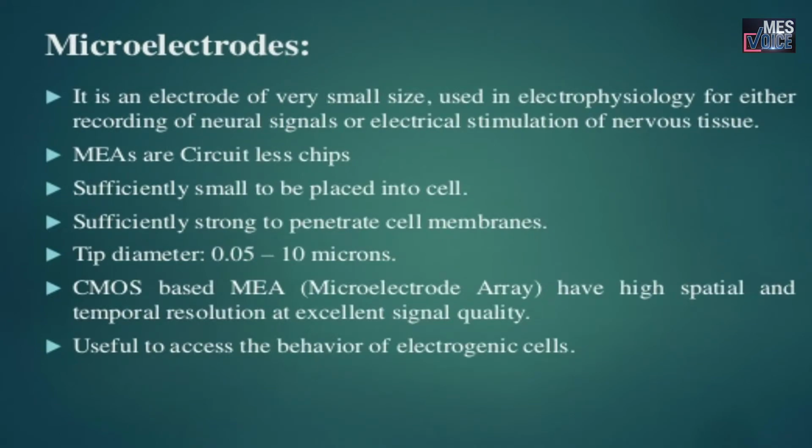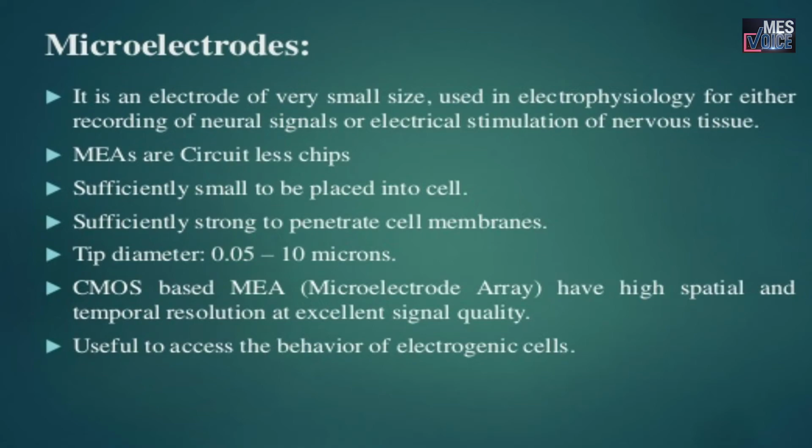Next we will discuss microelectrodes. It is an electrode of very small size used in electrophysiology for either recording neural signals or electrical stimulation of nervous tissue. MEAs are circuitless chips, sufficiently small to be placed into cells, sufficiently strong to penetrate cell membranes.